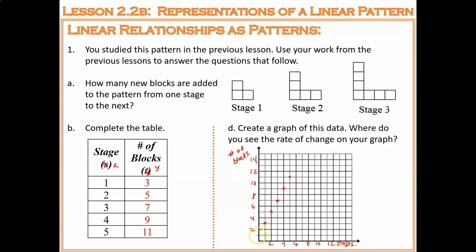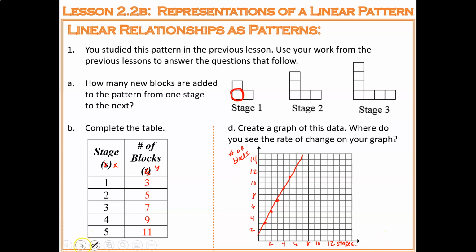If you notice, this no longer starts at 0. Like, we no longer go through the origin, so this is not proportional. In order for these graphs and these relationships to be proportional, they have to start at 0. Okay? So we started with this one block. We did not start with no blocks. We started with one block. So this is not proportional. Okay?